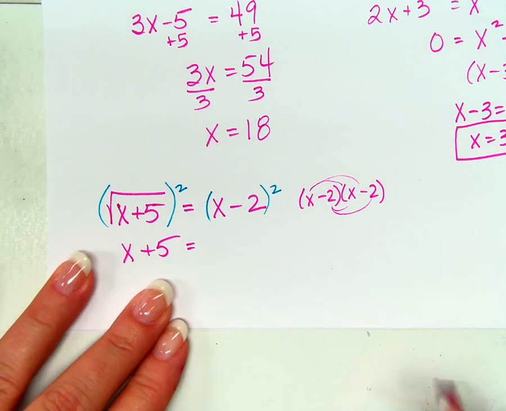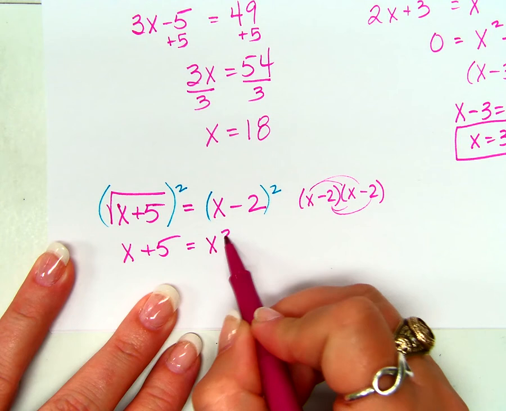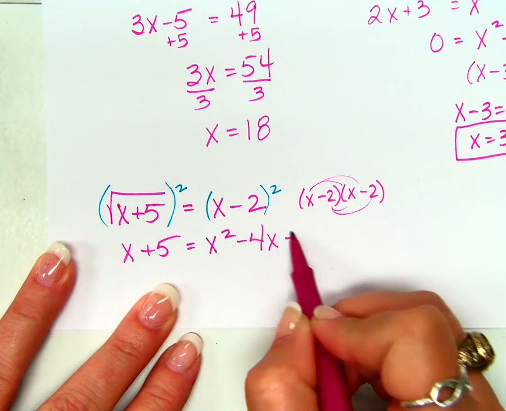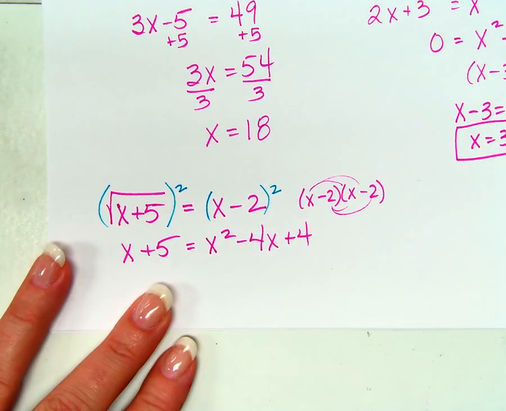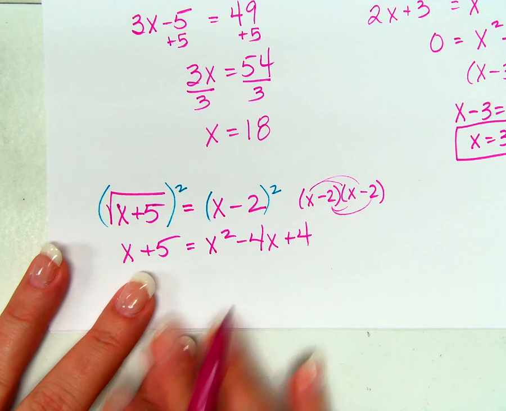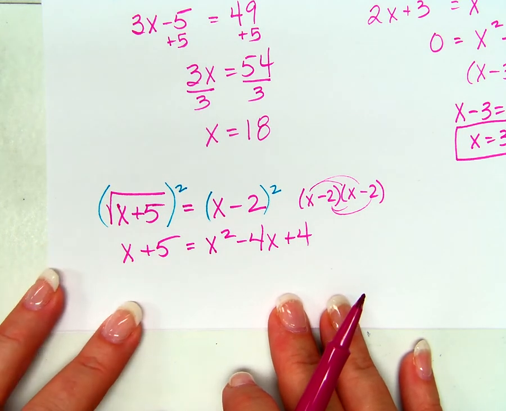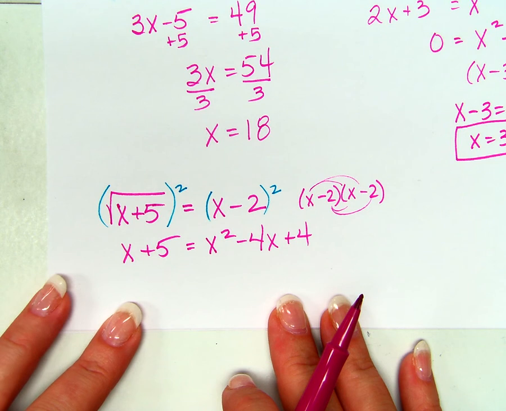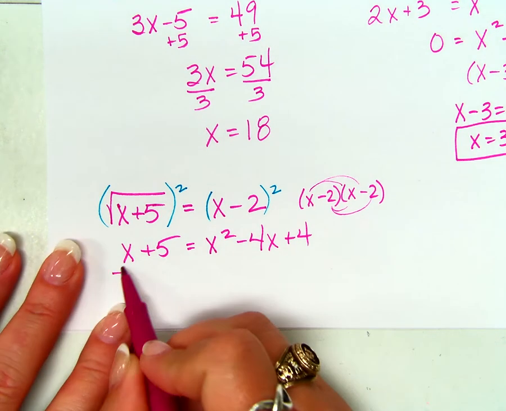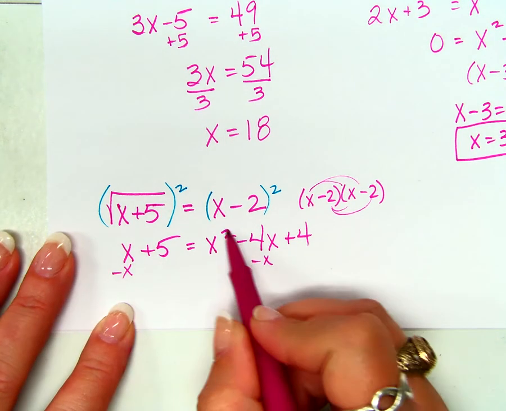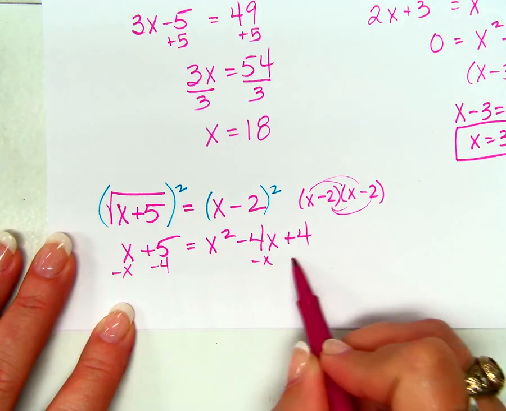Okay? So here I would actually get x squared minus 4x plus 4. You okay with that? Do I need to keep solving this for you, or you got this? I just don't think it's a nice answer. I think it's probably a fraction. Want me to still do it anyways? Okay. So if I subtract x from both sides, it is a quadratic, so I want to get it equal to 0.